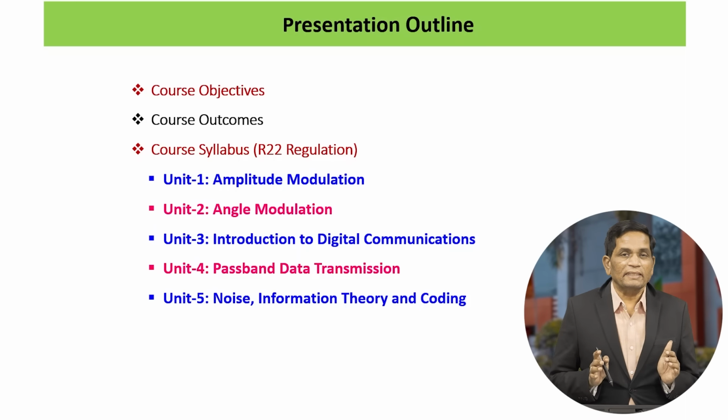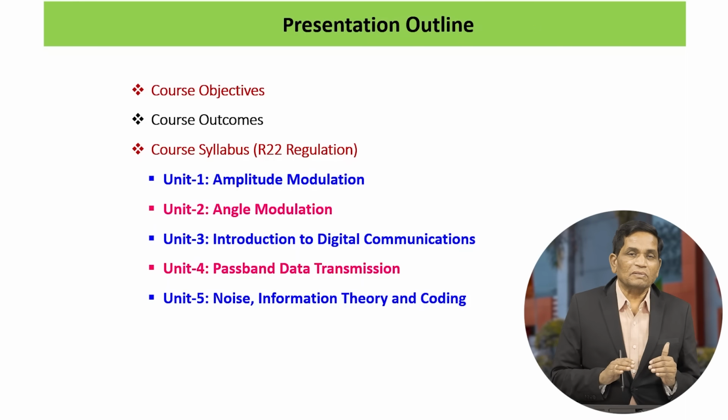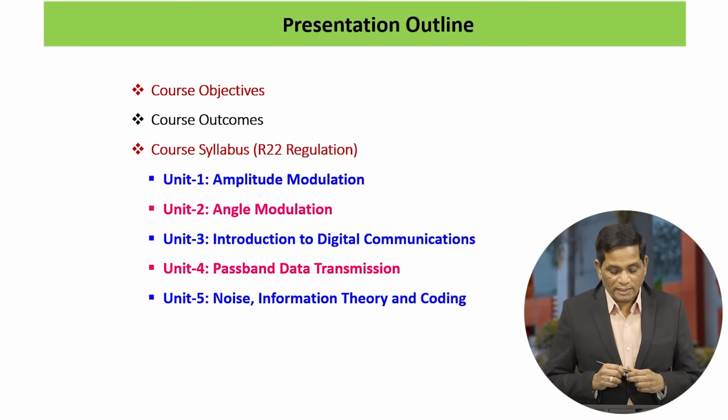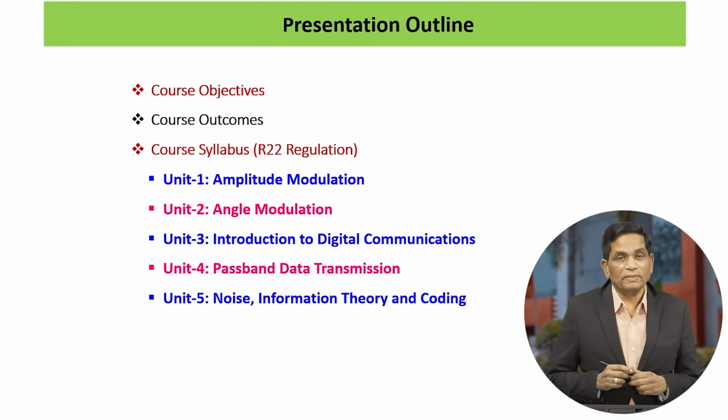Nowadays, we are using only digital communications. Most of the analog systems are replaced with digital systems. As of today, most of the communication systems are based on digital only. Unit 4 deals with passband data transmission, and the last unit deals with noise, information, and coding.